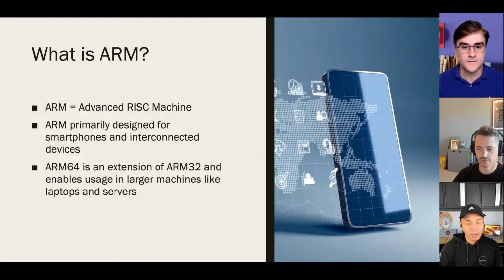And the thing that's really exciting now is that for quite some number of years now, there's been an extension to ARM, right? And so now we're moving into ARM64, where it's starting to power a lot bigger, beefier machines, right? We're talking about your M1 MacBook.